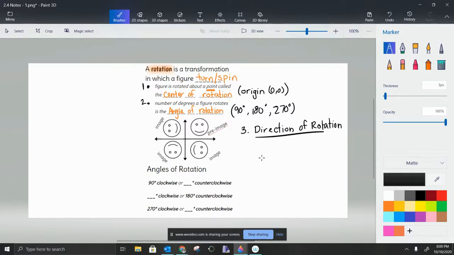The first direction spins the same way that a clock does, and we call this direction clockwise. So when you think how the hands on a clock move, that's the direction clockwise. And then the second direction would be opposite of that, which is what we call counterclockwise. So if we turn to the right, that's clockwise. If we turn to the left, that's counterclockwise.